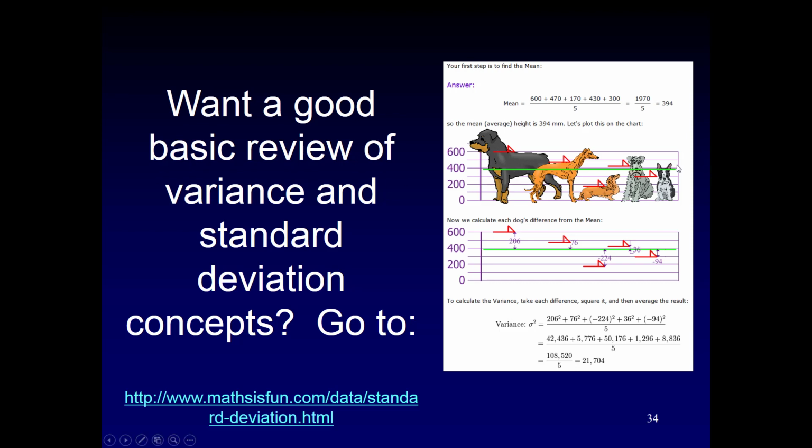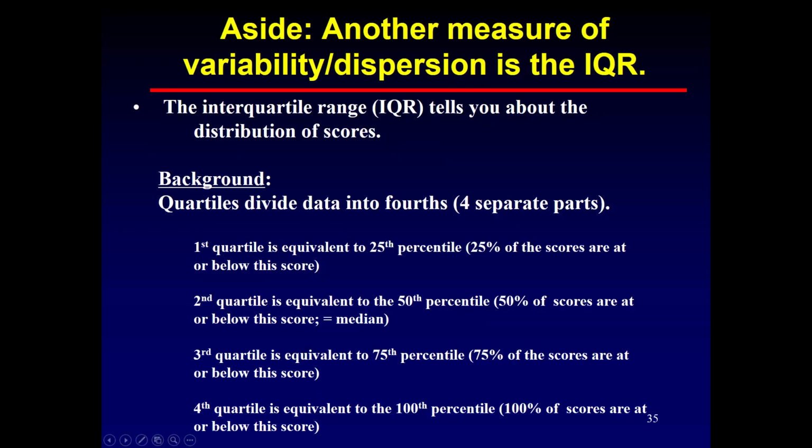It's illustrated by this heterogeneous group of dogs. The scores aren't the same for the heights of these dogs. There's a mean. Some dogs are taller than the mean, and some are shorter than the mean. What is the standard deviation? What represents the average deviation of those scores from the mean?